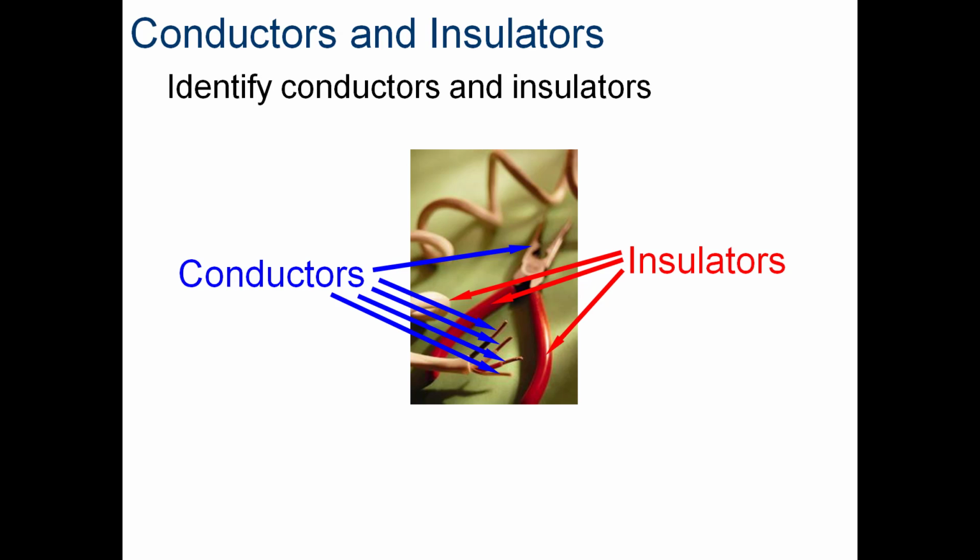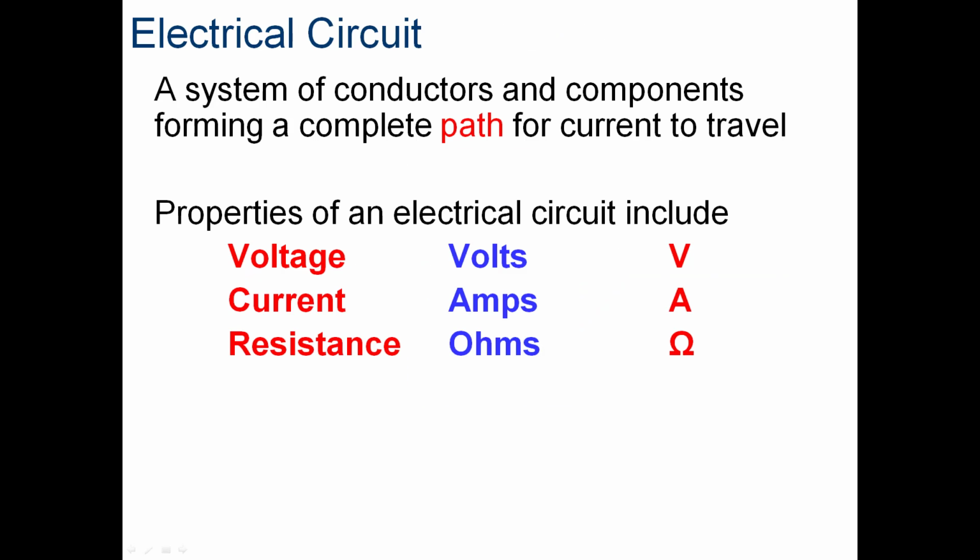So this surrounds our world. In our houses, this is what keeps electricity in the wire and out of your body. Fun fact, you are a poor conductor because you're made up mostly of water, which is a poor conductor of electricity.